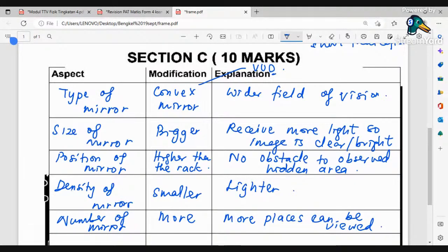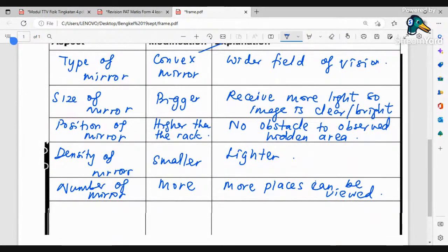Boleh lihat lebih banyak kawasan. Okay. Example, if the shop is large, so boleh letak a few corners lah. So that can cover the whole area of the shop. Okay. So this one is the question for section C, modification. Okay. So I think that's all.